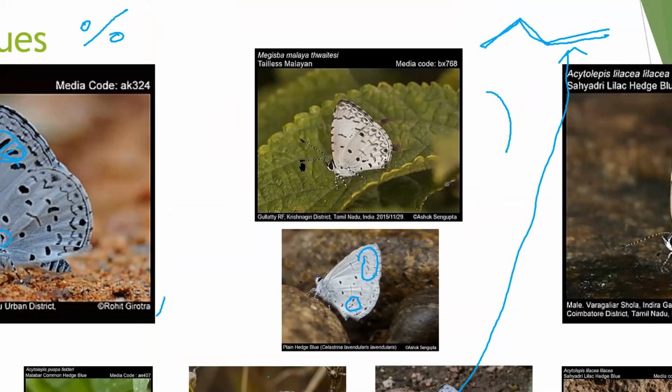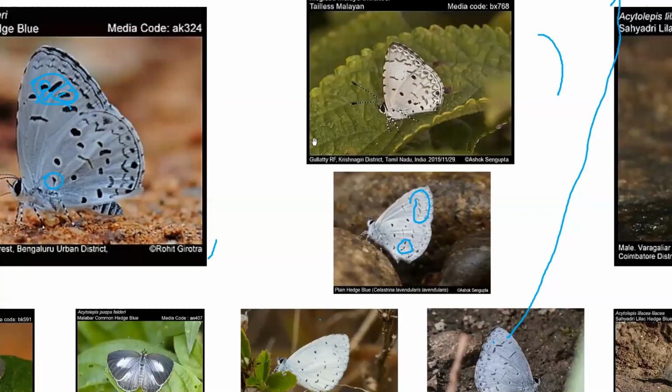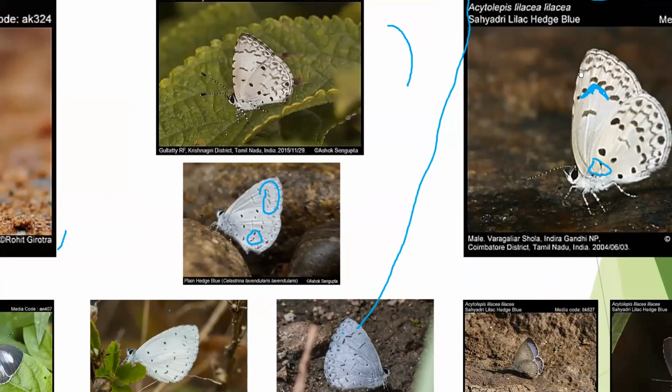These are not present in any hedge blues. If you see all the hedge blues, these streaks are not present at the costa of the forewing. Here at the costa there are 4, 5 spots. These horizontal streaks make it a Malayan. And this is a small insect, and it is found at various altitudes from low elevations to mid elevations.